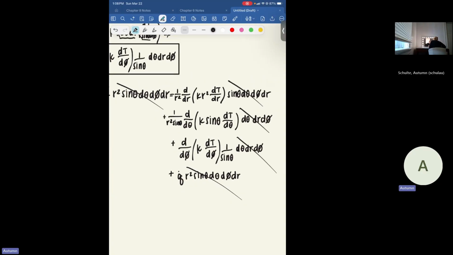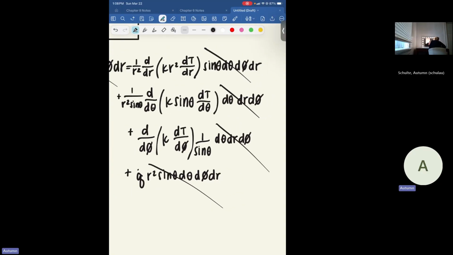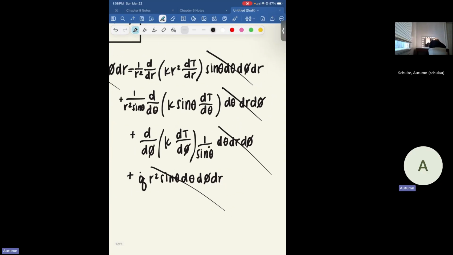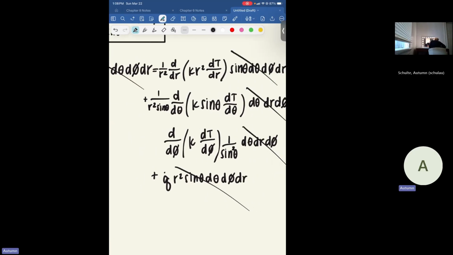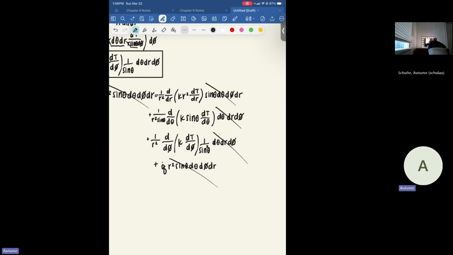And here this becomes a 1 over sine divided by sine, so this is going to be sine squared theta, and we can't forget about this 1 over r squared, and that term fully cancels.